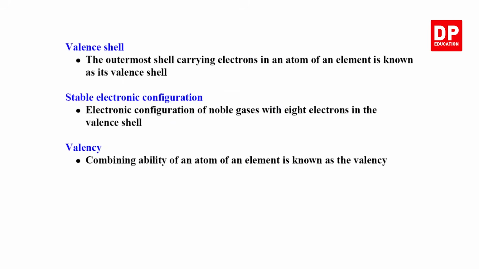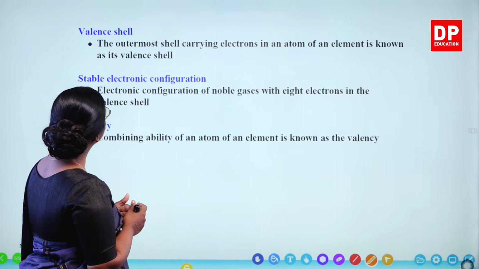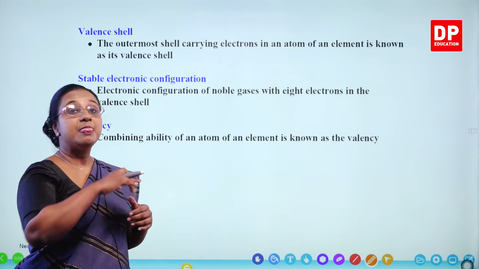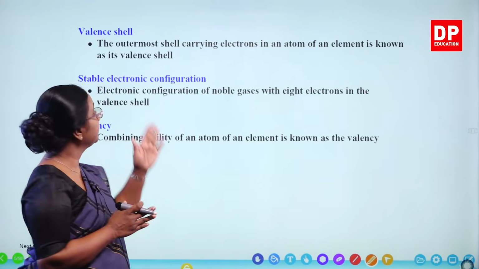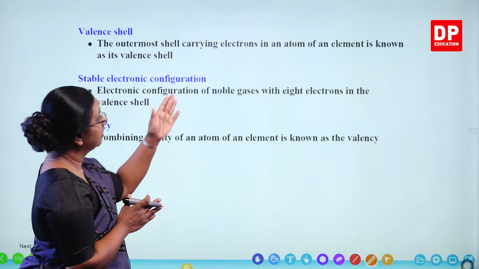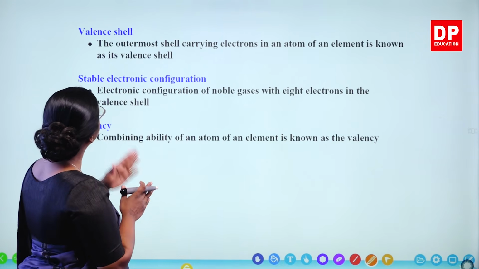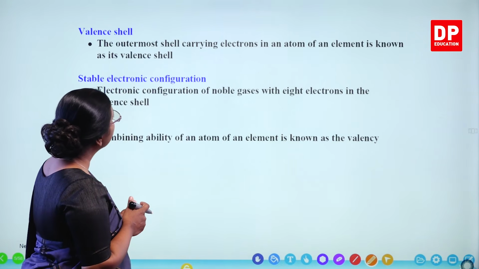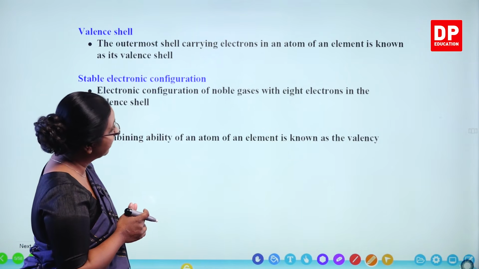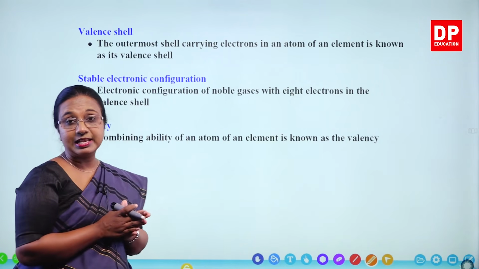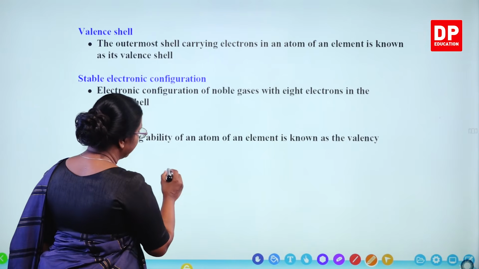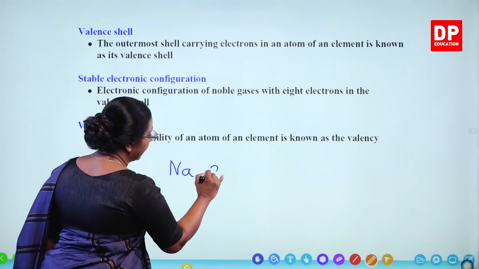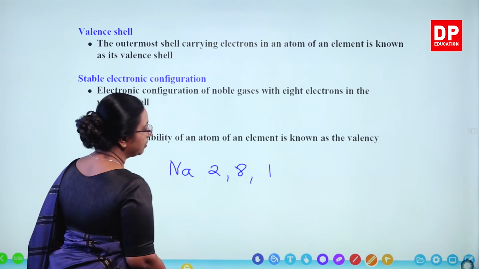So if we move on to this slide where we discuss what valence shell, stable electronic configuration and valency are, you are familiar with the valence shell. The outermost shell of an atom that carries electrons is known as the valence shell. So earlier we wrote for sodium the electronic configuration 2 8 1.